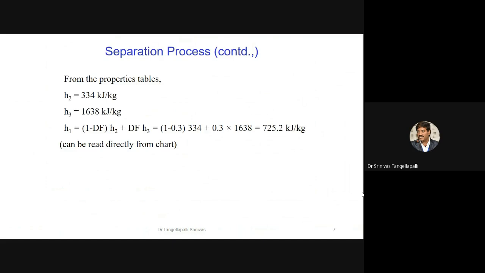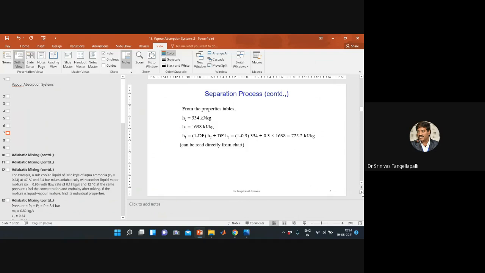From the property table, it's showing H2 is equal to 334, H3 is equal to 1638. After that, for the saturated liquid and saturated vapor, the mixture enthalpy has been calculated as (1 minus dryness fraction) into HL, that's the liquid enthalpy, plus dryness fraction into HV, that gives 725.2 kilojoules per kg. It can be read directly from the chart also. Let me see the difference.